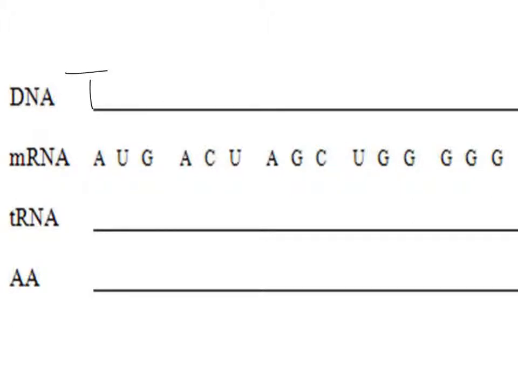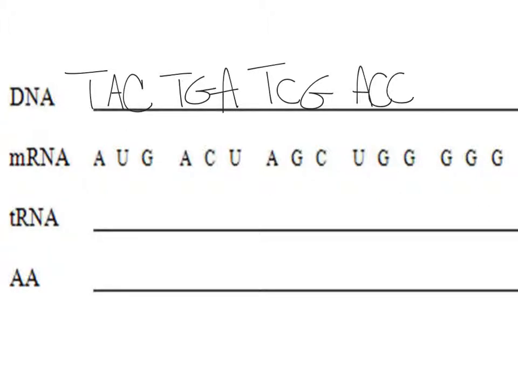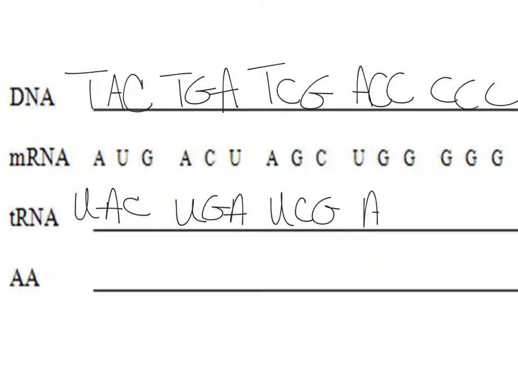Our U is going to pair with A, and our G with C. So this is T, G, A, T, C, G, A, C, C, C, C, C. Now if we go from that mRNA to the tRNA, remember no T's, so we're going to have U, A, C, base pairs with A, that's another U, G, A, another U, C, G, A, C, C, C, C, C.